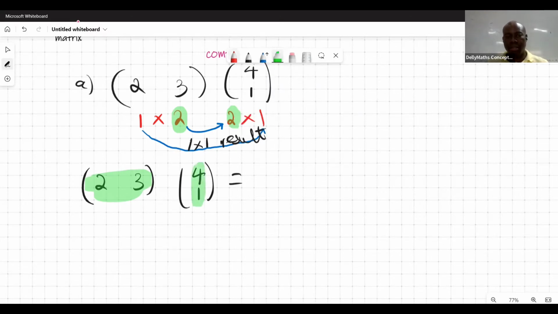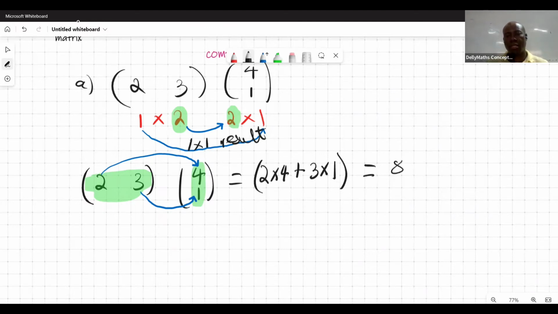The first element from the row will go with the first element in the column, and the second element from the row will go with the second element in the column, and we add those results. That is just one response. For example, 2 times 4 plus 3 times 1. And that will give us our response. Let us see what we get. 8 plus 3, and that is 11.